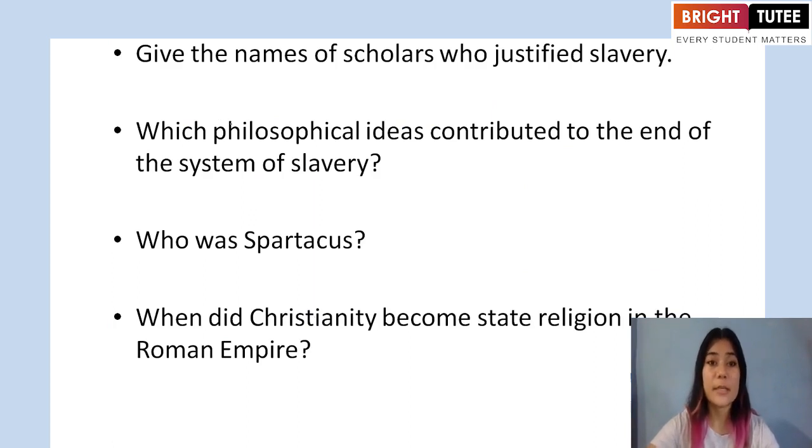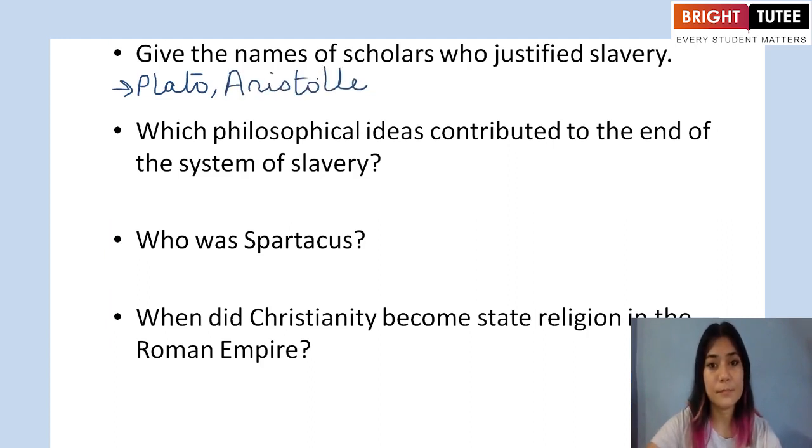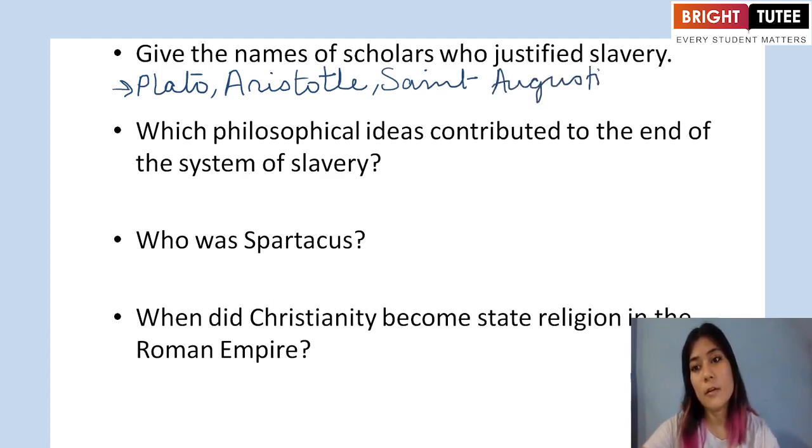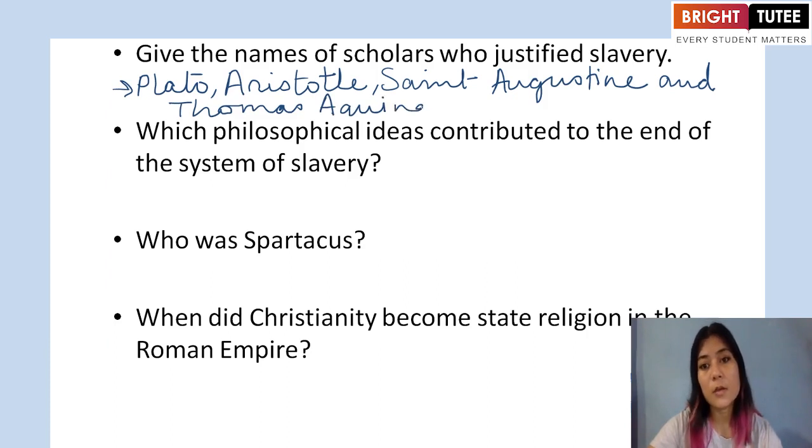The next question. Give the names of scholars who justified slavery. So there were few scholars who said institutional slavery was okay. There was no problem with it. Okay. So they were Plato, Aristotle, Saint Augustine, and Thomas Aquinas.